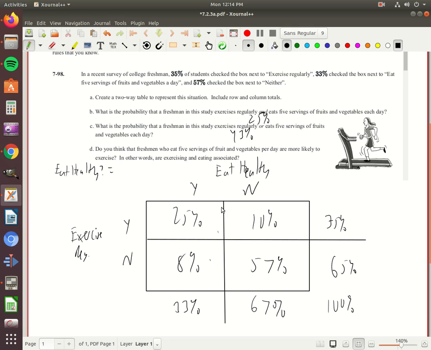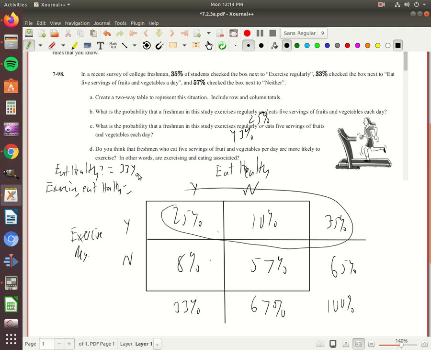And everybody responds 33% yes, I eat healthy. Now we're going to say, hey, those of you people who exercise, do you eat healthy? And we'll compare the numbers. So only the people who exercise, do you eat healthy?